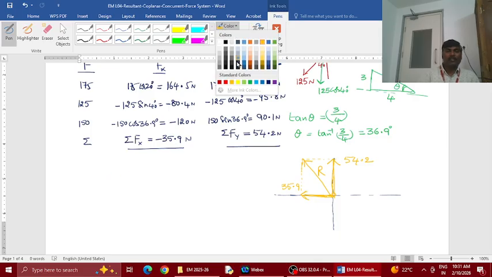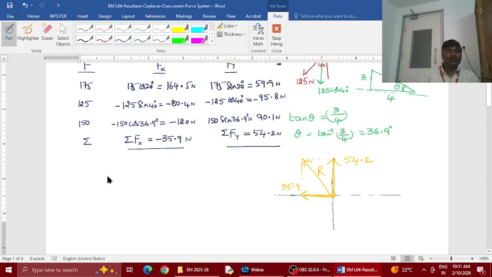How do you find it analytically? The resultant is equal to the square root of the sum of x forces whole squared plus the sum of y forces whole squared. That is the square root of 35.9 squared plus 54.2 squared.